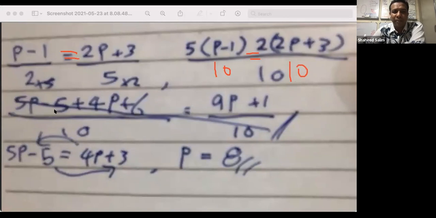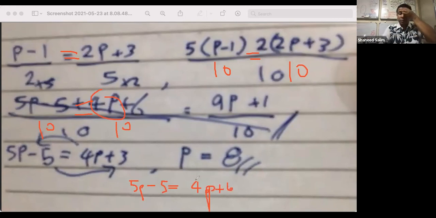Then you get 5p minus 5 equals, down here is still 10, 4p plus 6. Then you bring over the 4p. Therefore 5p minus 5 is equal to 4p plus 6.